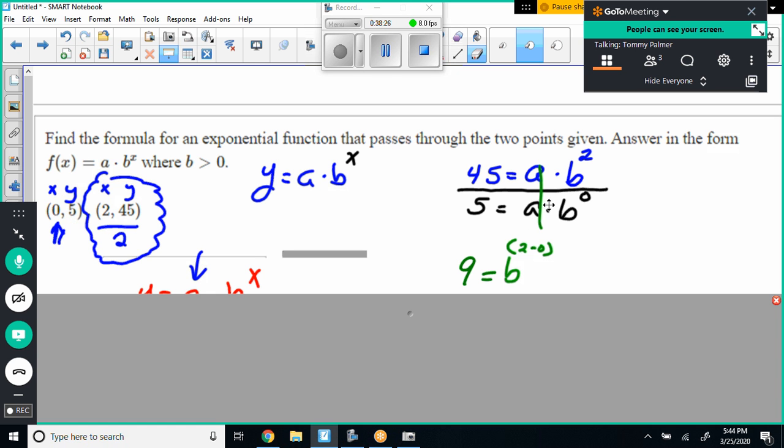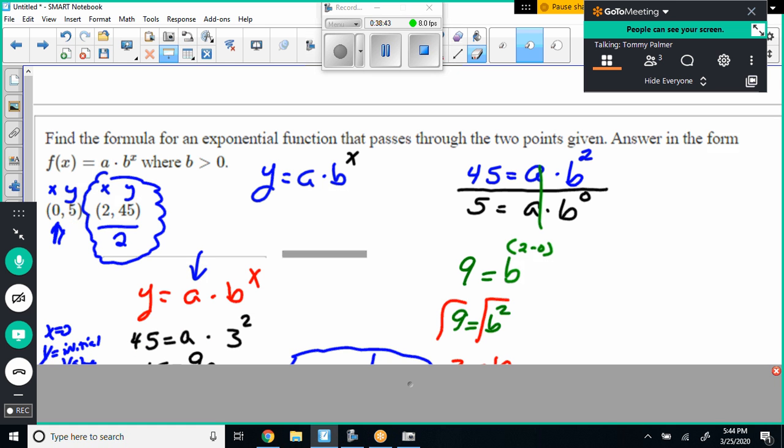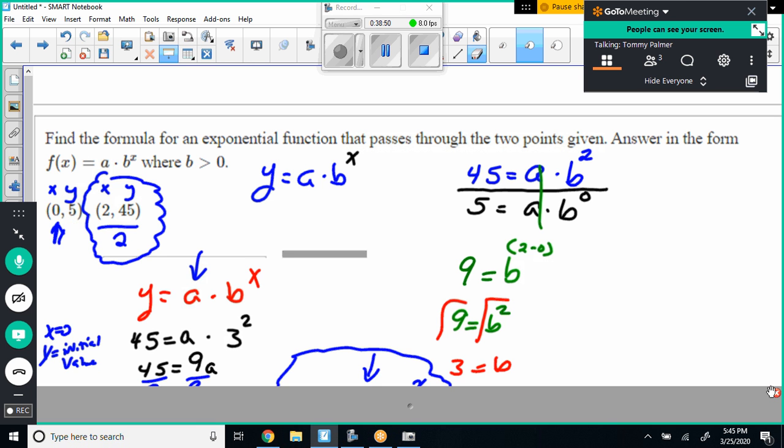And if you remember the properties of exponentials with quotients, when you divide like bases, you subtract their exponents. So that's b to the 2 minus 0. What that gave me was 9 equals b squared. If I took the square root of both sides, the base is 3, right?